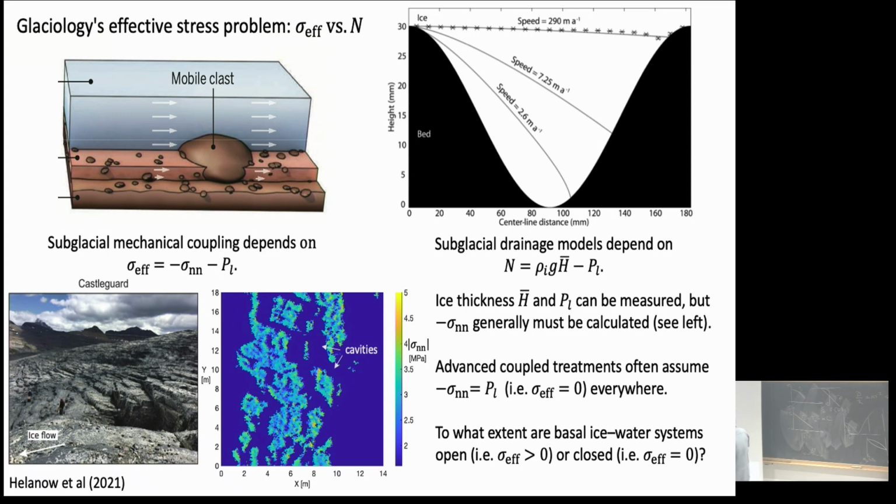The problem is that in glaciology, we can measure the ice thickness, and we can measure the water pressure by drilling a hole and putting a piezometer down there, but we can't measure the ice normal stress at a particular location. We only know it averaged over a large area.